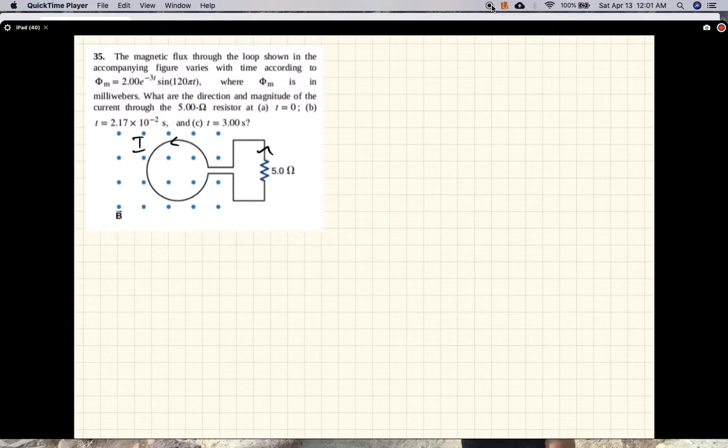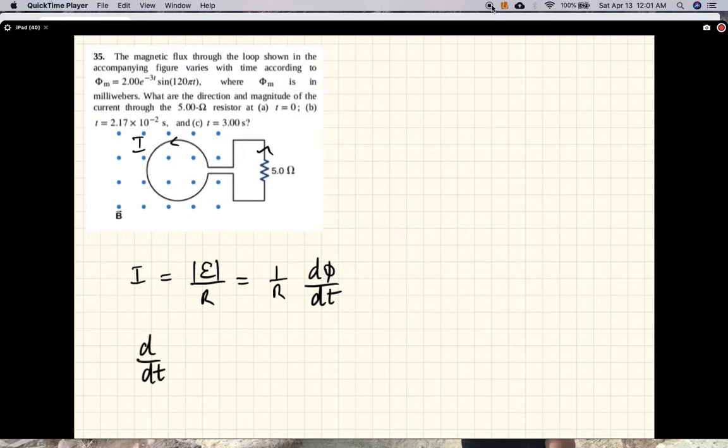The current is the induced EMF divided by the resistance, and the induced EMF, since we are only interested in the magnitude, is dphi by dt. Let's figure out dphi by dt.